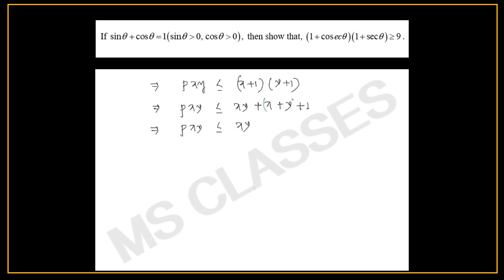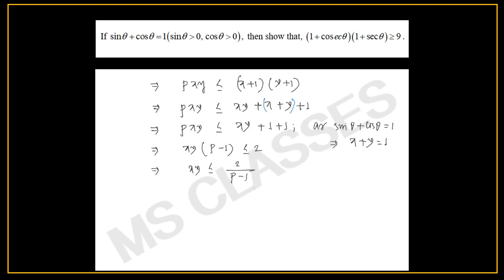Since sin theta plus cos theta equals 1, this implies x plus y equals 1. Now from here, taking xy common, we get (P minus 1) xy less than or equal to 2. And from this we can say that xy is less than or equal to 2 by (P minus 1).